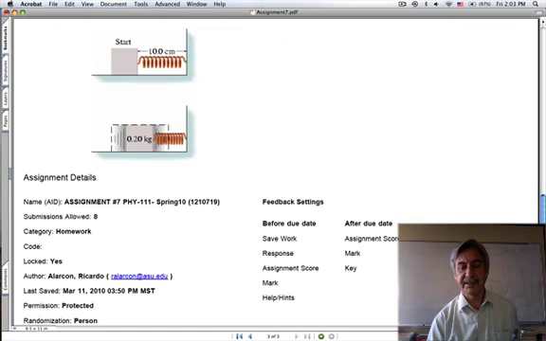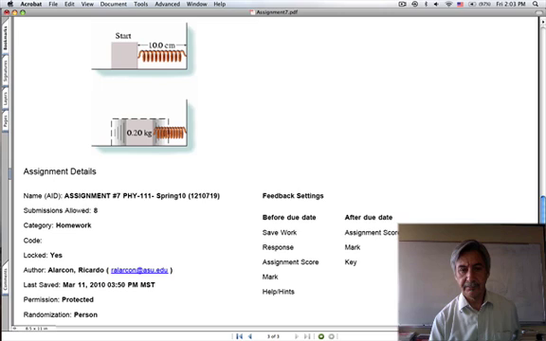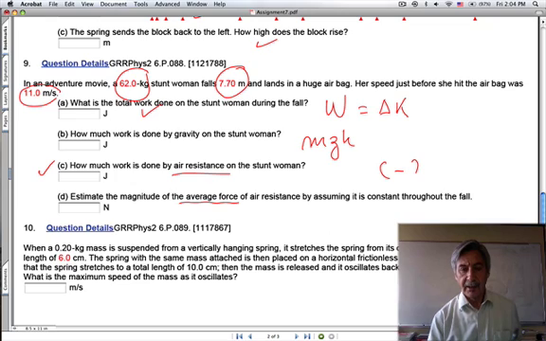And finally, number 10, you have another spring problem, which is this one. And first, you have the data in which the spring is hung vertically. And I did this today in lecture. So when you hang it vertically, then you have that the force of the spring balances the weight.